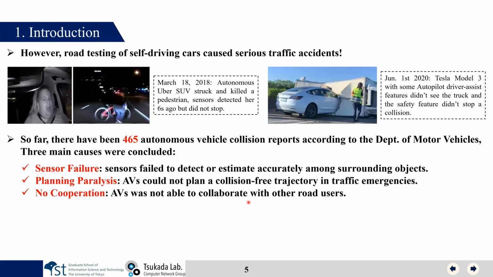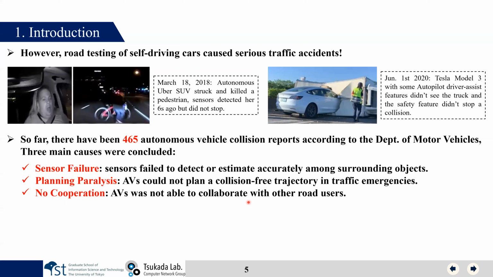The first one is sensor failure. Sensors cannot detect or estimate surrounding objects accurately. The second is planning paralysis. AVs couldn't plan a collision-free trajectory in traffic emergencies. And the last one is no cooperation.